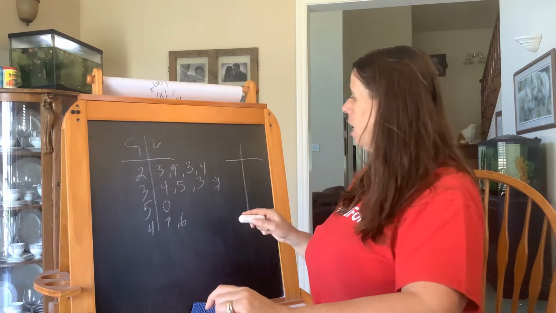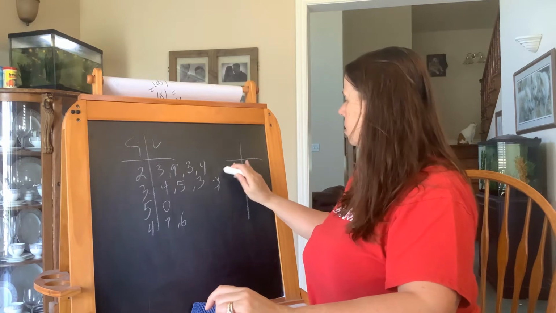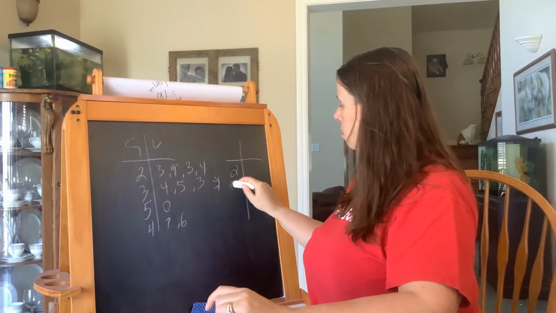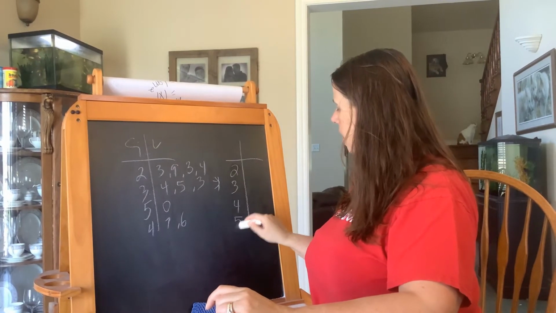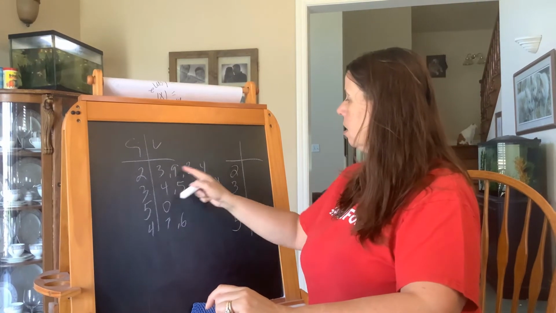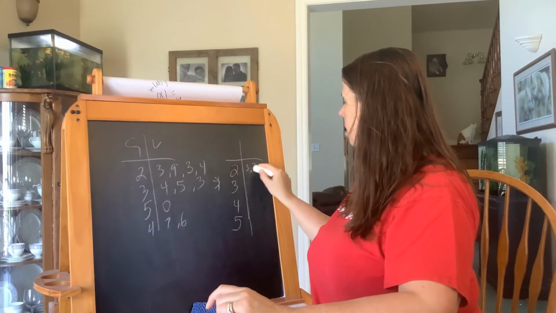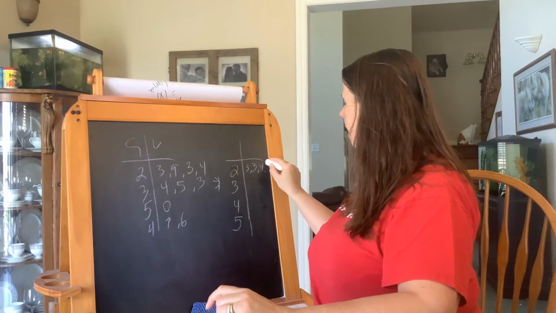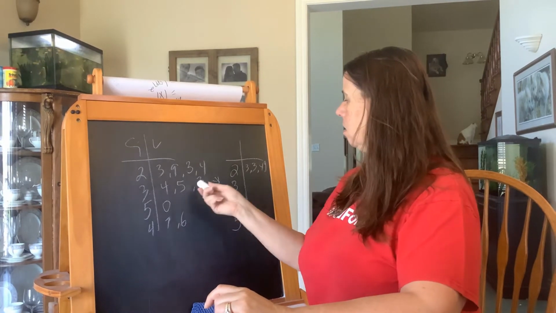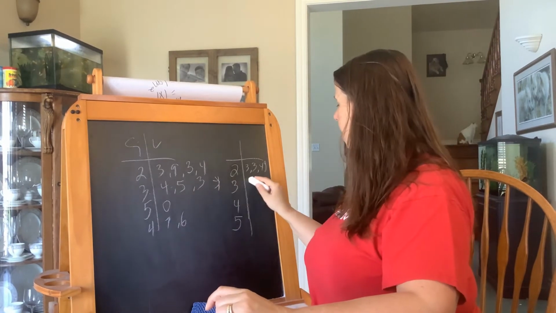So we get 2, 3, 4, and 5 in order. Then here I've got 2 3s, a 4, and a 9. Here I've got a 3, 4, and a 5.